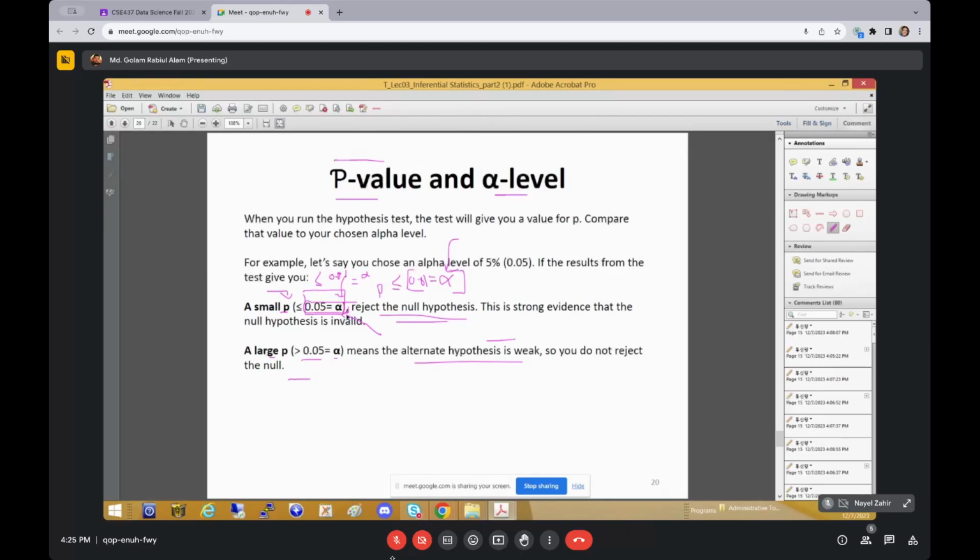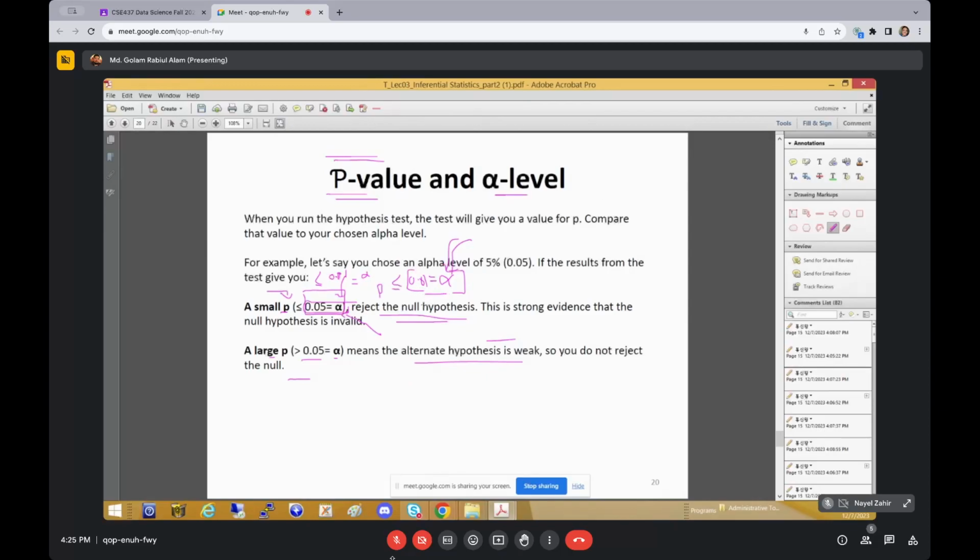So alpha is user defined, that means you can set your threshold, and the p-value is statistical. That means you will get this value from your data and from the statistical table. Someone can define alpha equal to, say, 0.01.